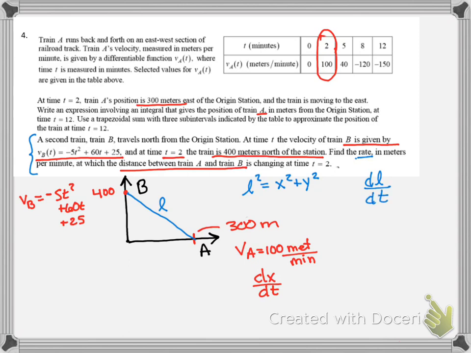And so in order to find that, we are going to differentiate this entire equation with respect to t, and we'll get 2L dL dt equals 2x dx dt plus 2y times dy dt.